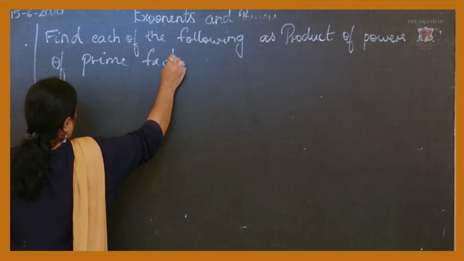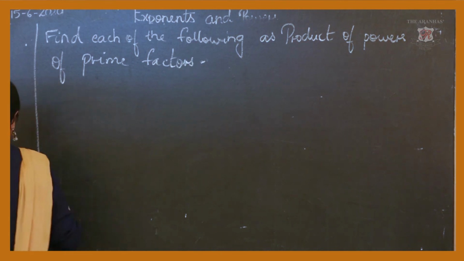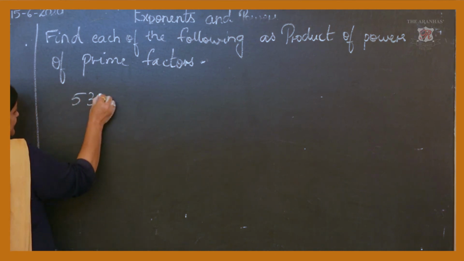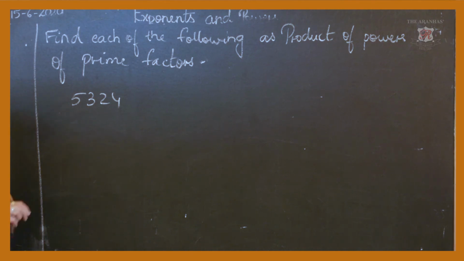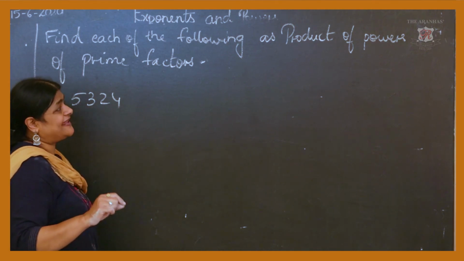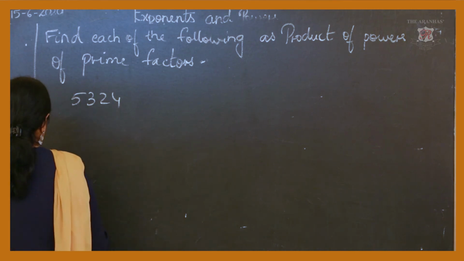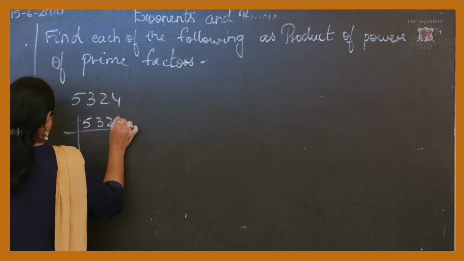Okay, so now over here you have been given one sum. Suppose I'm giving an example. Now suppose I'm giving you all the number 5324. What you have to do is find each of the following as product of the powers of the prime factors. So again, you are going to start your prime factorization with 5324.